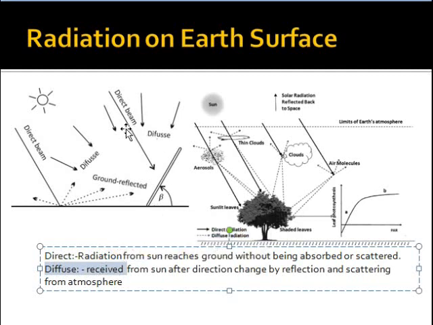So what is direct radiation? When the sun emits the radiation without reflection, without scattering, this beam of light slowly comes and reaches the ground. You can see this is the ground. So the direct beam of light will straight away come and fall onto the ground.